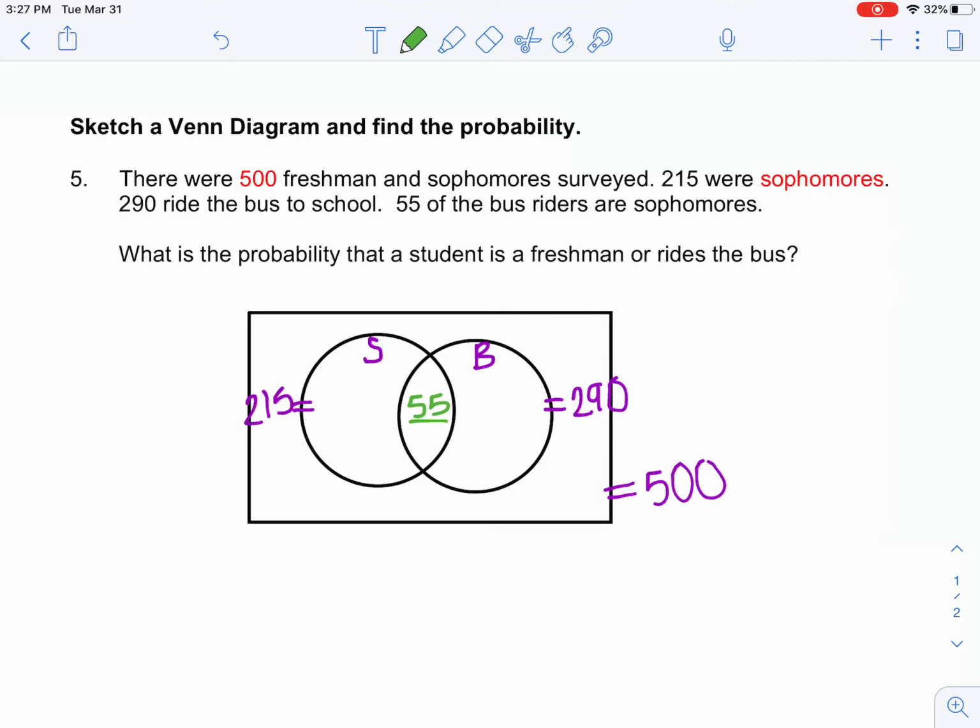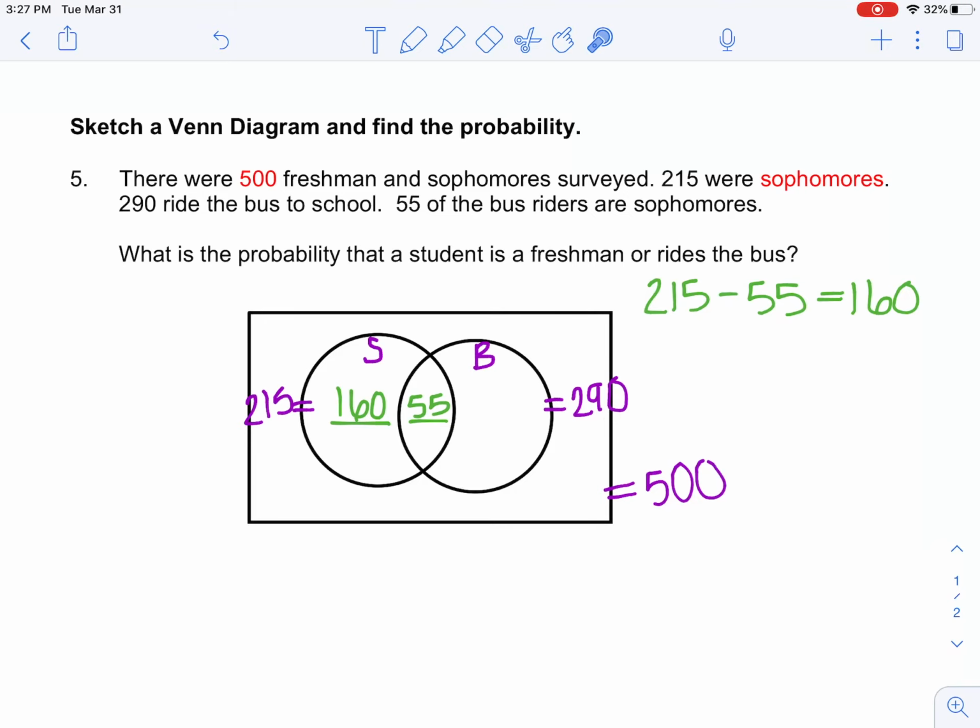Now we can use processes like we did yesterday to fill out the rest of the Venn diagram. So let's start by taking 215 minus 55 so we can figure out what is this other part of our circle. 215 minus 55 equals 160. So that means we have 160 sophomores who did not ride the bus.